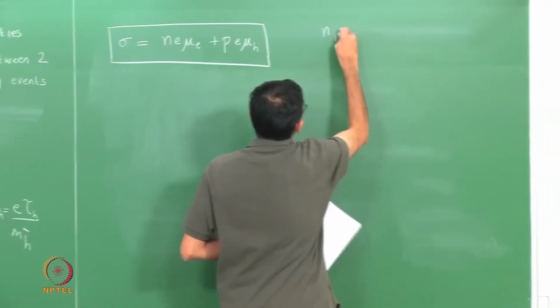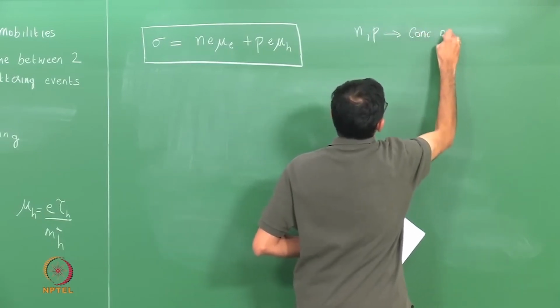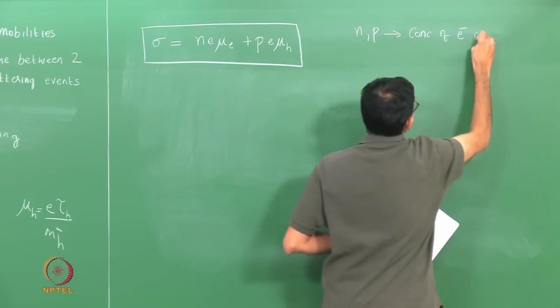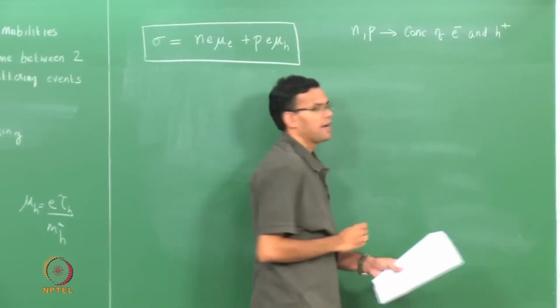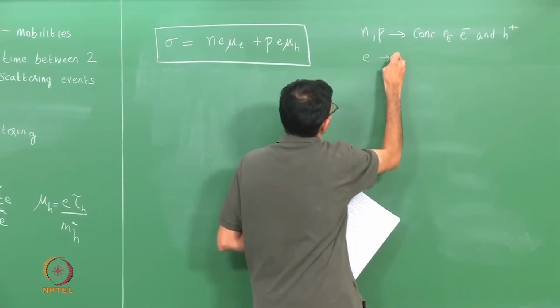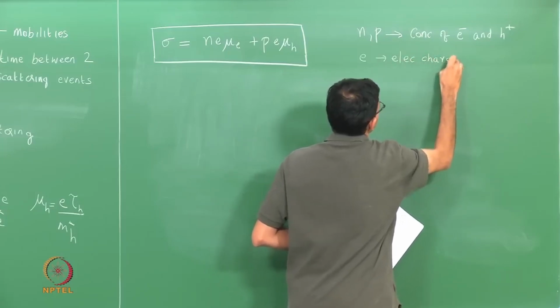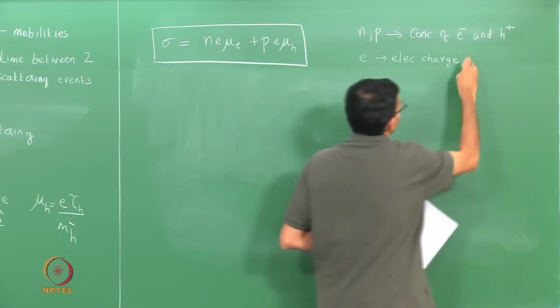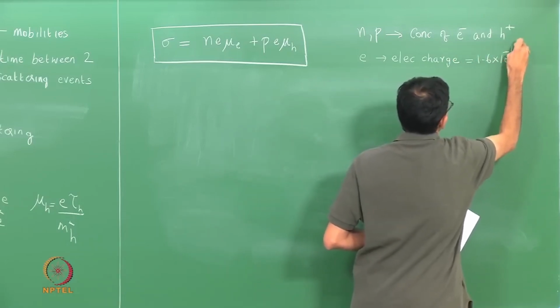N and P refer to the concentration of electrons and holes, which is the first factor that we saw earlier. E is the electric charge, which is 1.6 times 10 to the minus 19 coulombs.